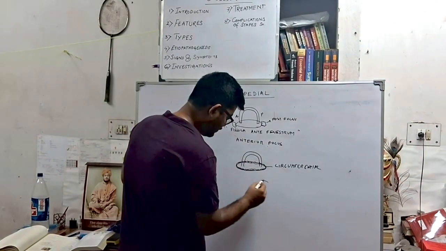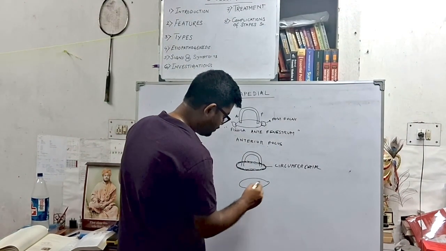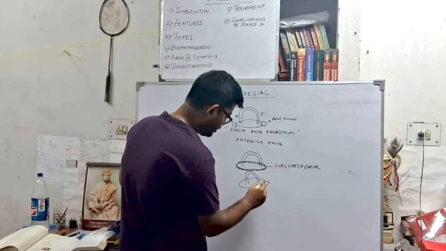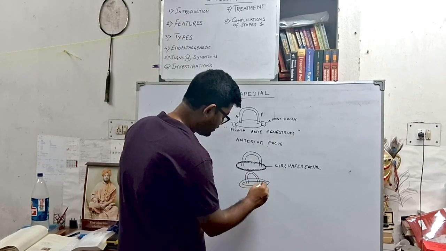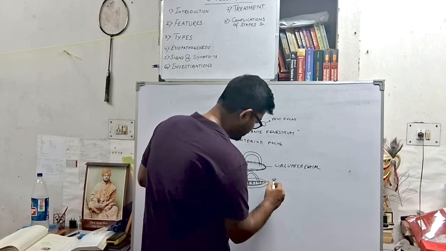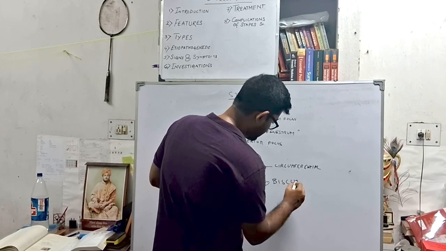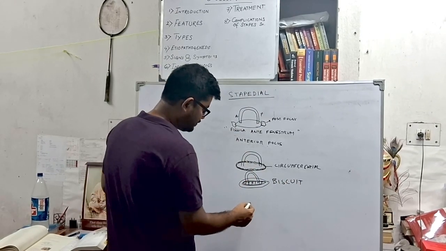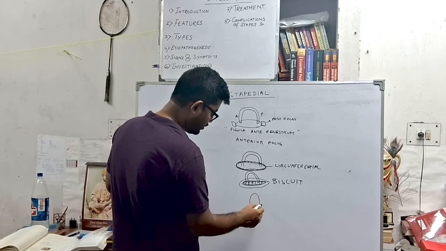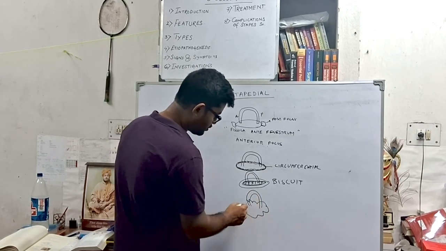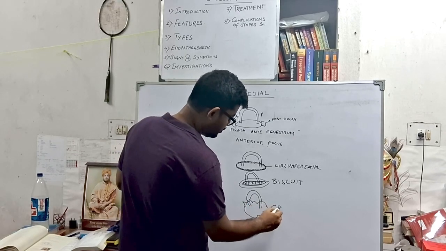Or it can involve the footplate as a whole, but not going up to the annular ligament, that is the central part of the footplate. That is called a biscuit type. And finally, when it involves the whole of the oval window area, it is called the obliterative type.